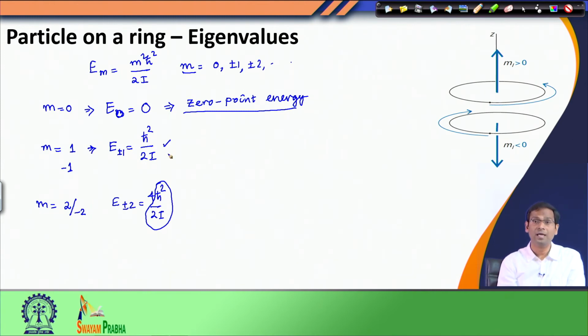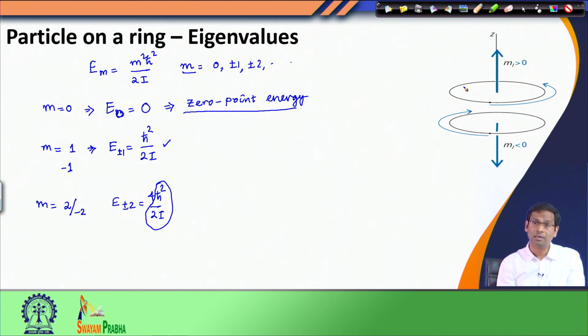But when I go to higher values of m, that would indicate that the particle is moving with higher kinetic energy, because as m goes up and up, I would observe that the energy of the particle is increasing. The particle in a ring moves around the ring with higher kinetic energy. But how do I interpret this twofold degeneracy of the energy level? I can say that for any value of m which is not equal to 0, the particle, when it is moving around the ring, can either move in a clockwise fashion or anti-clockwise fashion.